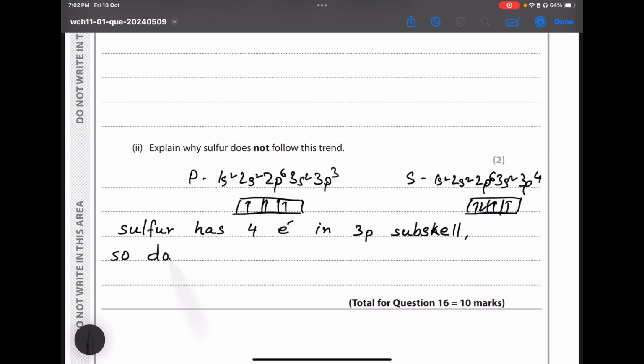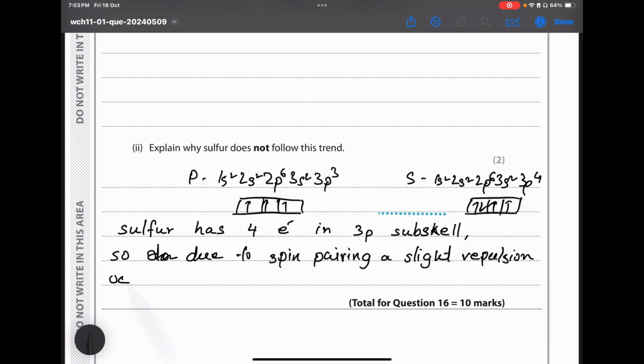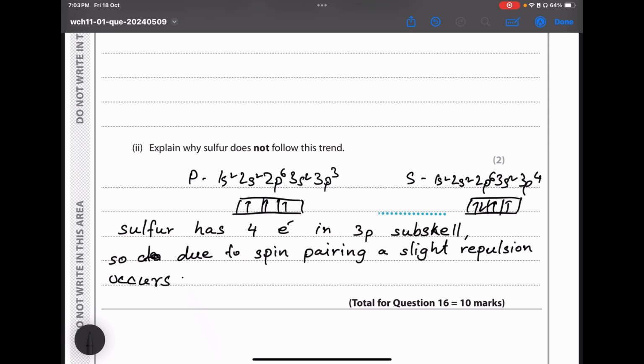Due to spin pairing, a slight repulsion occurs, for which sulfur does not follow the trend. Okay.